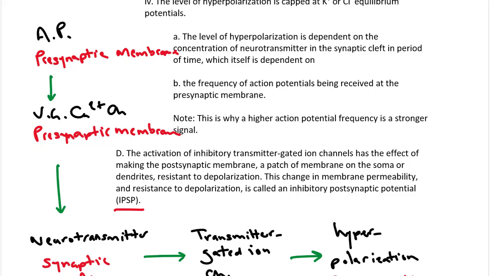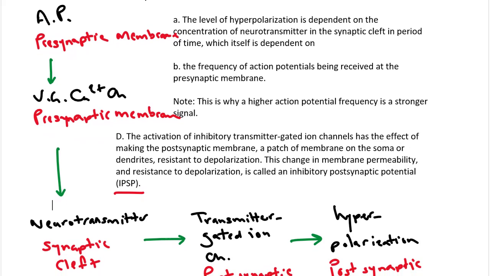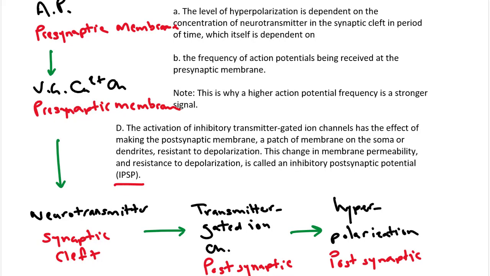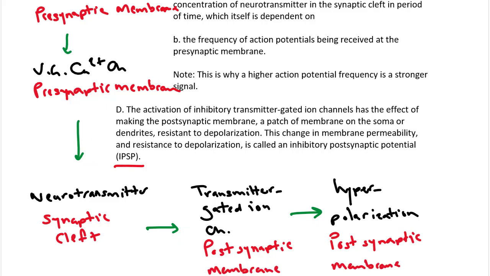So again, let me scroll this up a little bit. If I have an increase in action potential frequency, the voltage-gated calcium channels on the presynaptic membrane will open up more frequently, you'll have more neurotransmitter release into the synaptic cleft, and this leads to more transmitter-gated ion channels on the postsynaptic membrane to be activated, which leads to increased hyperpolarization of the postsynaptic membrane.